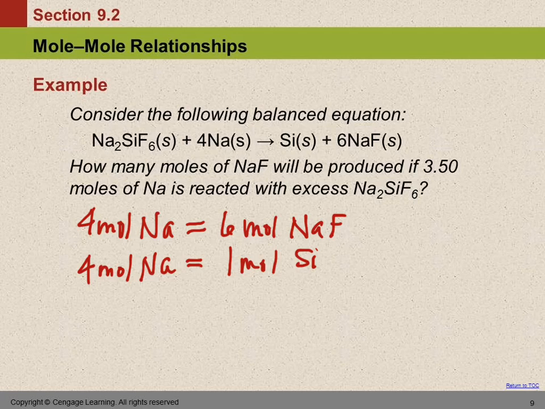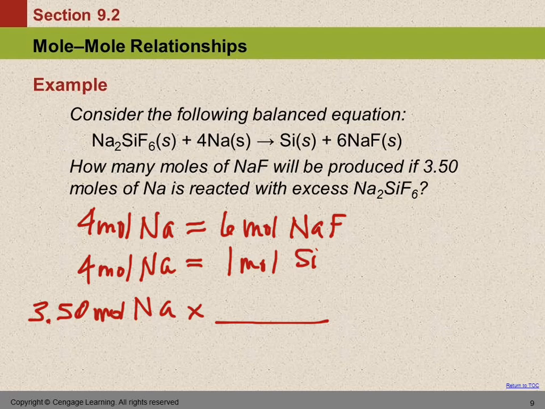They don't look like conversion factors yet. But what we're going to do is we're going to say we've got 3.50 moles of sodium, and it's asking us how much sodium fluoride.